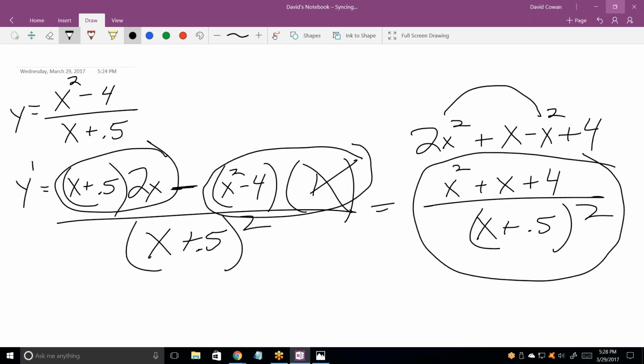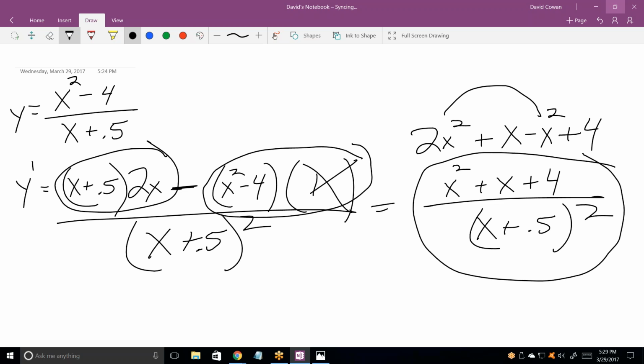And I've yet to ever see a problem where this numerator factors again. In other words, a lot of times you can't tell instantly whether they factor, and you're tempted to put a lot of time in trying to factor it, because if we could only come up with an x plus 0.5, well, we'd be able to cancel one of these and simplify everything.